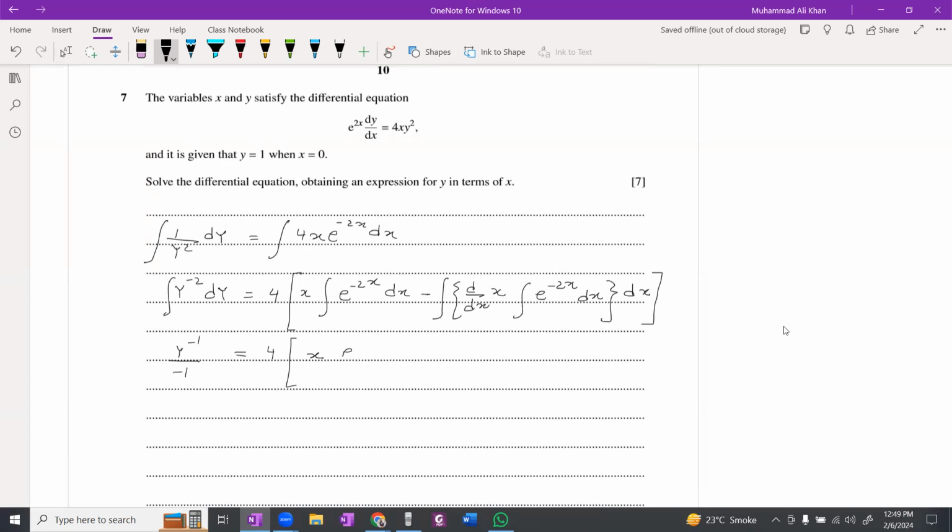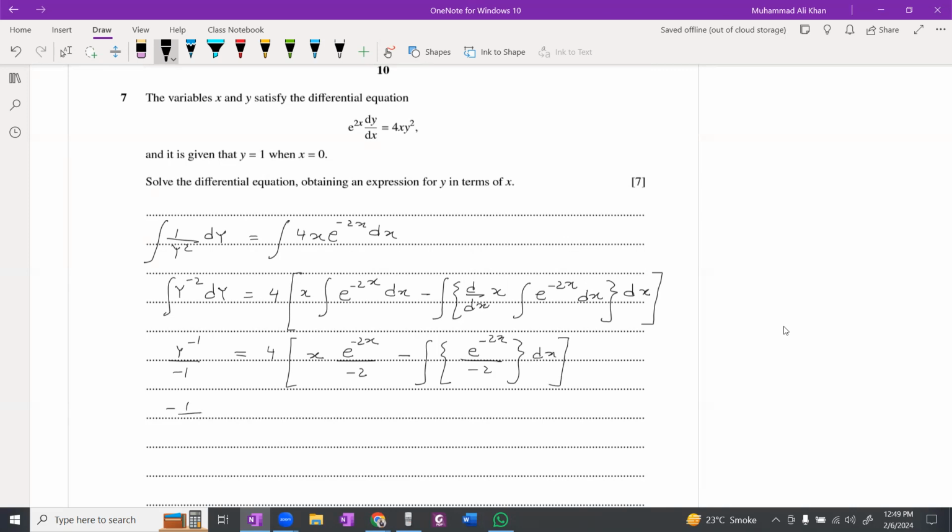So it will be e power minus 2x upon minus 2, minus differentiation of x is 1 and e power minus 2x integral will be e power minus 2x upon minus 2 dx close.